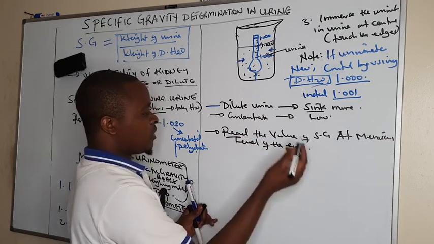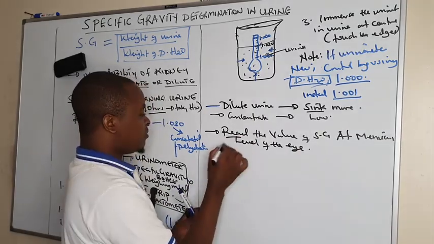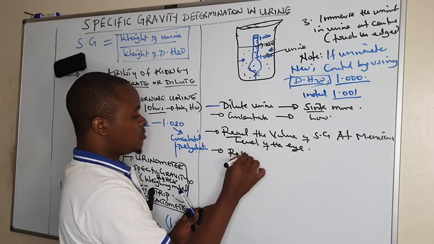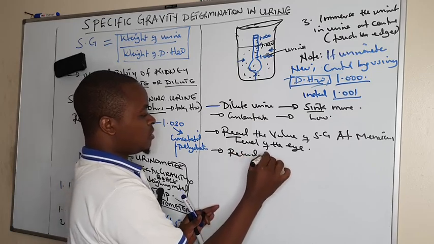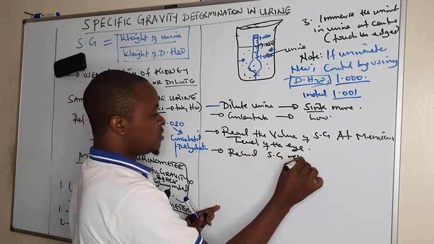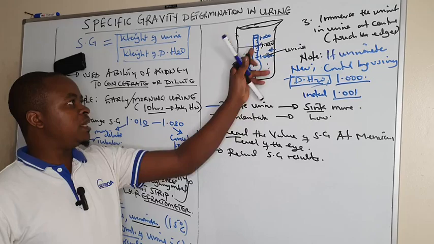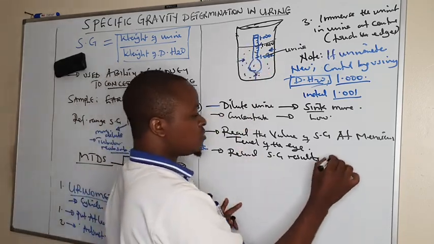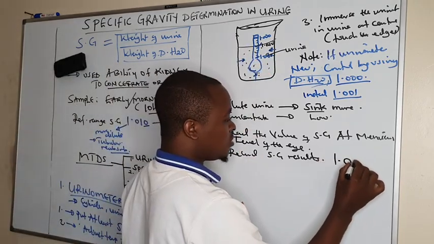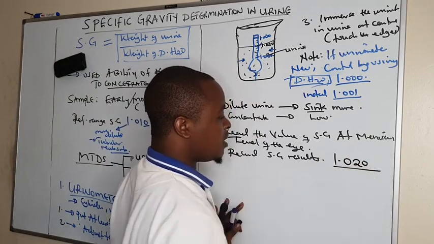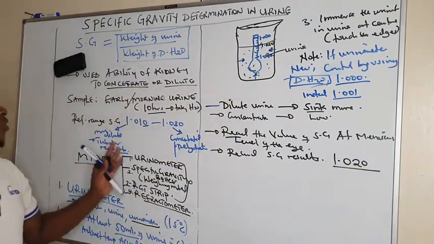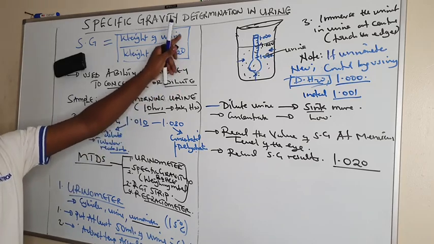Then you read and record the specific gravity result. Because the meniscus is at 1.020, we record 1.020 as our reading. Just remember, it is a ratio, so it has no units.